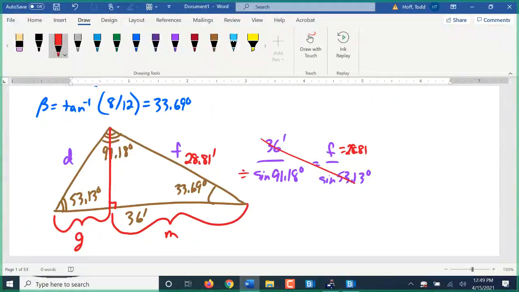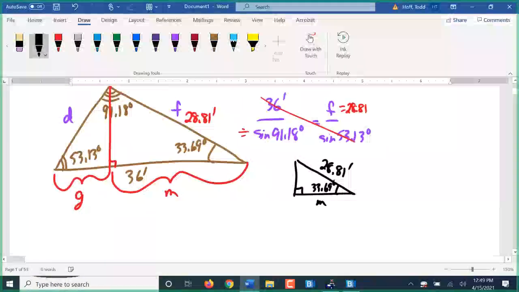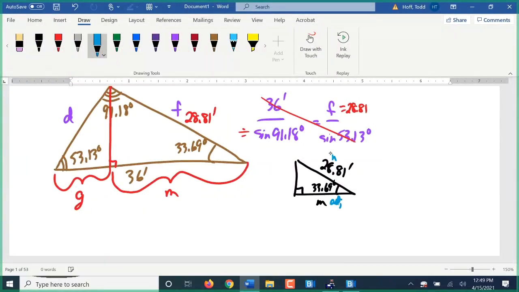To find M, I am simply looking at this right triangle here. It has a right angle here. This angle is still 33.69 degrees. And I now know that this hypotenuse is 28.81 feet. I can find the base down here, M, because that is an adjacent side and we have the hypotenuse. It's going to be a cosine. Cosine of 33.69 degrees equals M over the 28.81 feet.